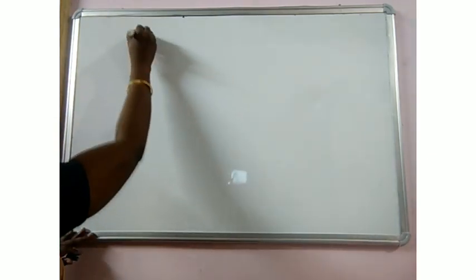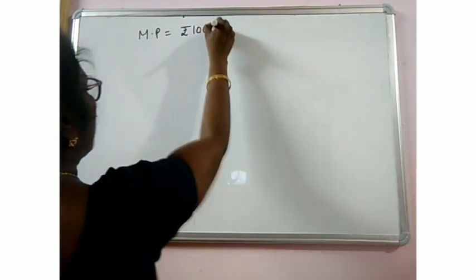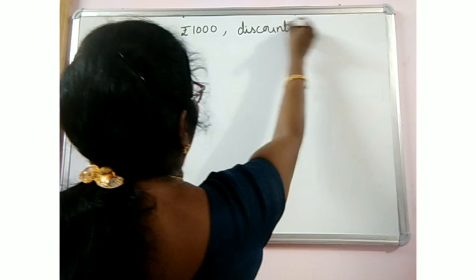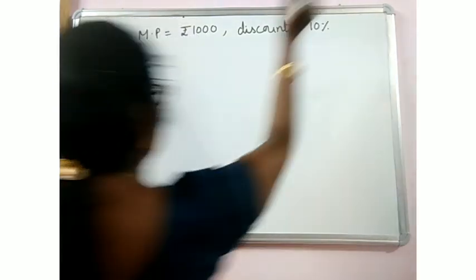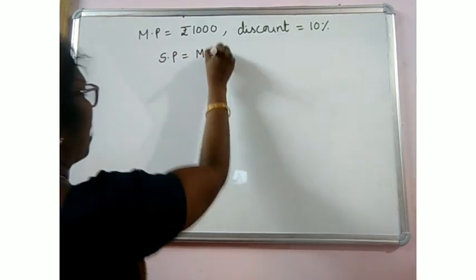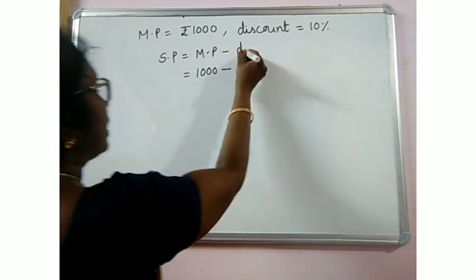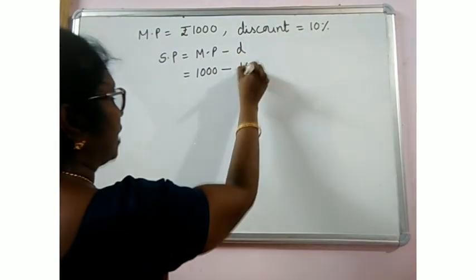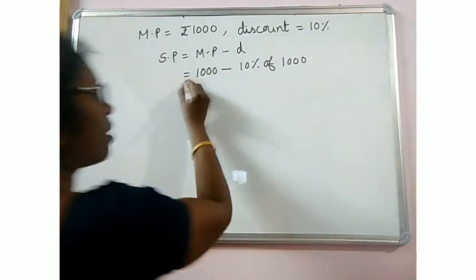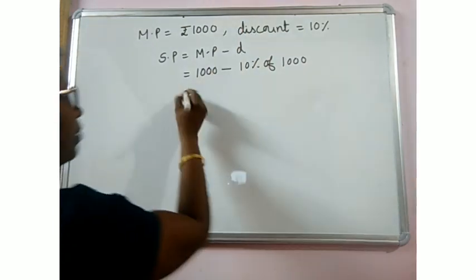Let me suppose the marked price of the article is 1000 rupees and the discount is 10%. You know that selling price is marked price minus discount. Discount of 10% means 10% of the marked price.